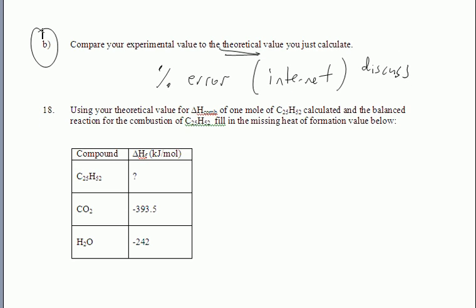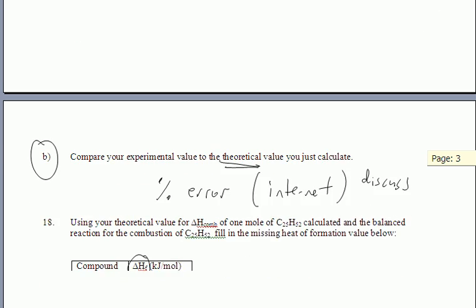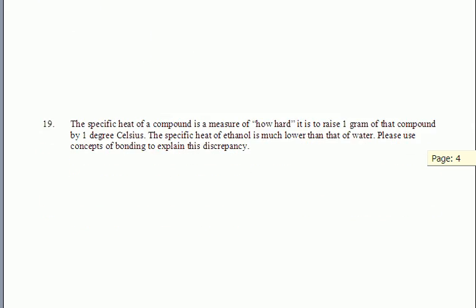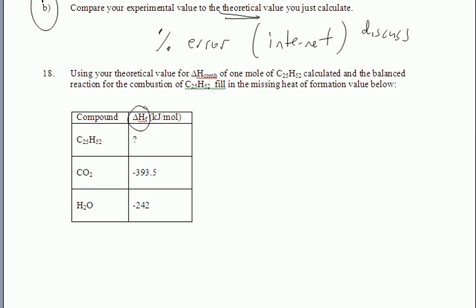Okay, in this question, we're talking about heats of formation. So I asked you to take your value from above that you just calculated using your bond energy and calculate the heat of formation for this particle. So delta H, when we're talking about heats of formation, is the sum of the products minus the sum of the reactants. In this case, you solve for your value from above, so some kilojoules.